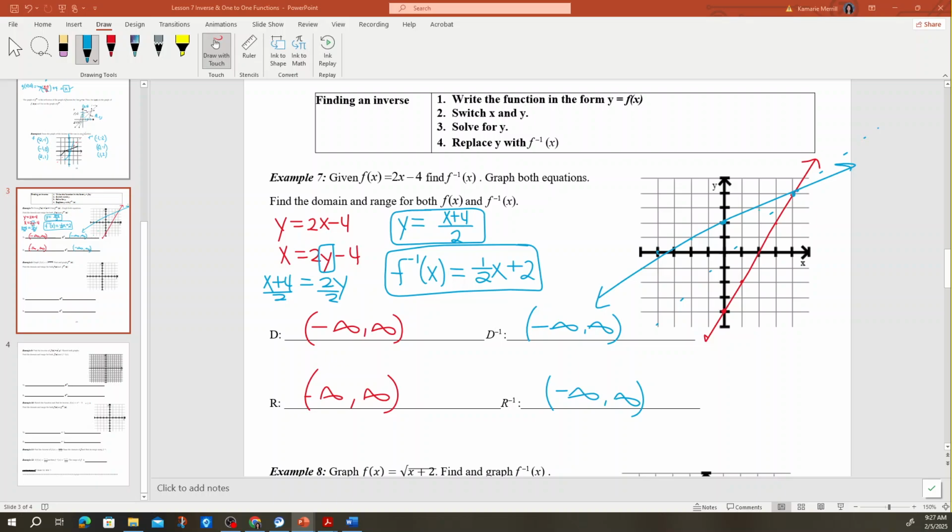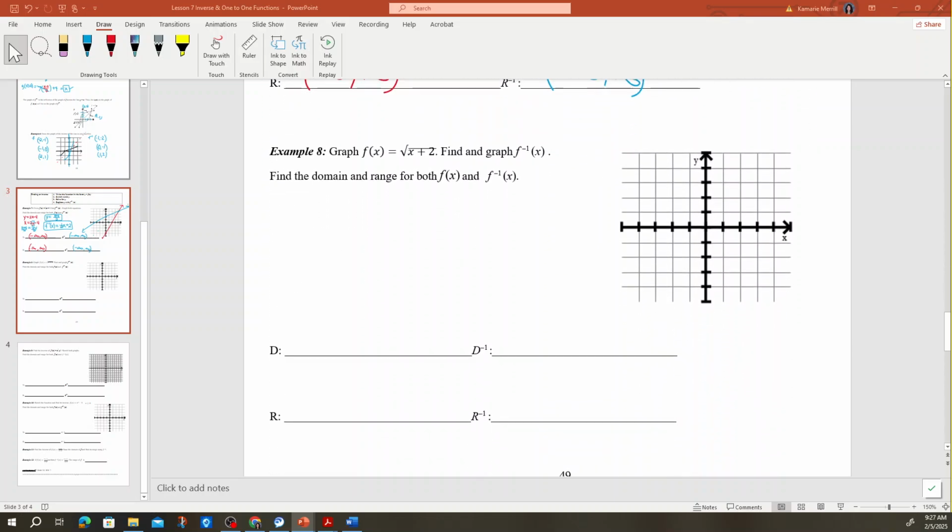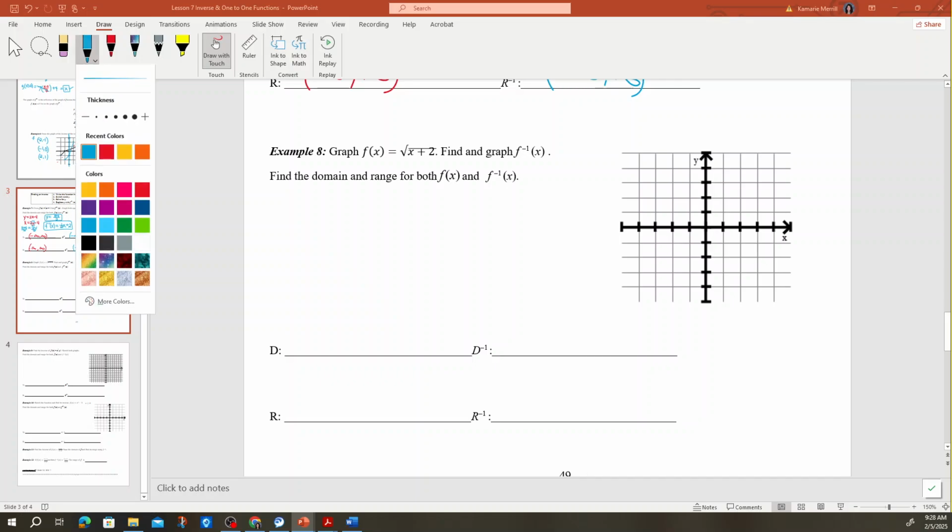Okay? So let's go down here to one that has a restriction. So let's just pretend the question was just domain and range questions. Is it easy for me to know the range of something without sketching it? Not really, but it is easy for me to find what? Domain.